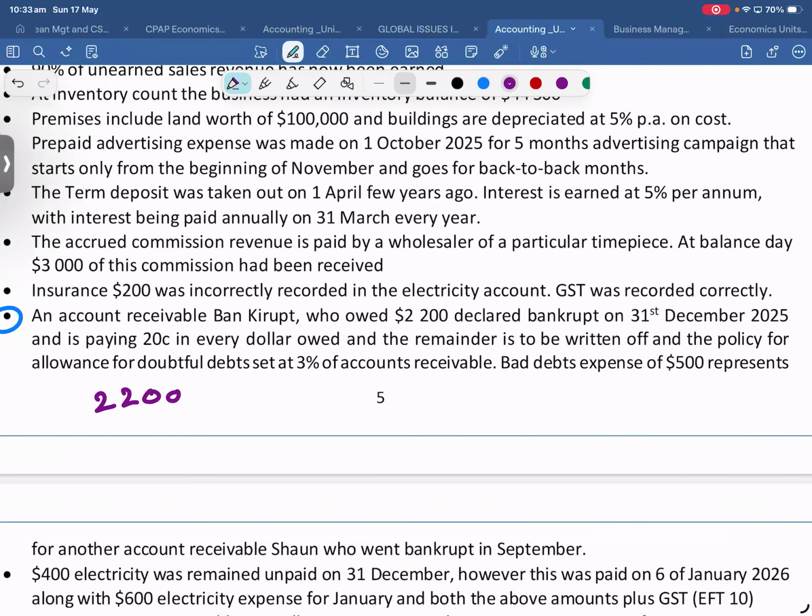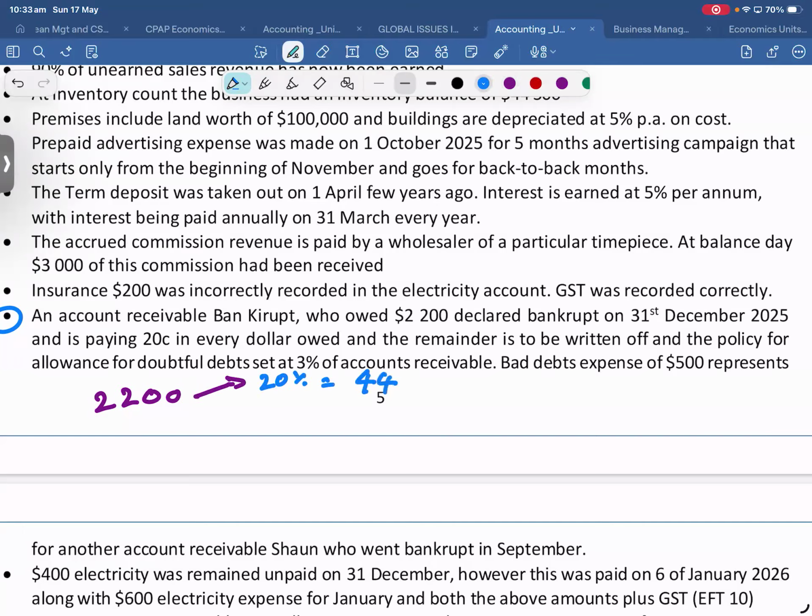From that, how much is he paying? 20%, 20 cents. 20% is how much? 440. What happens to these 20 cents? Yeah, we are receiving bank.